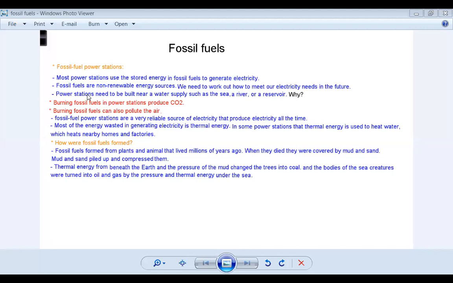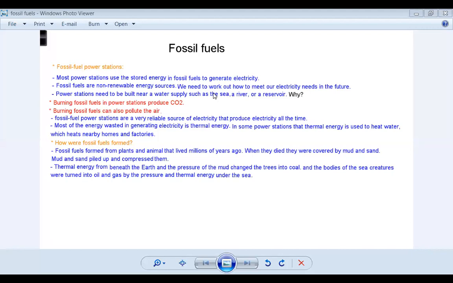Okay. So these fossil fuels are non-renewable energy sources. Why are they non-renewable energy sources? Yesterday we explained this. Because we can't replace them easily. Yeah, they will run out and we cannot replace them as fast as we need. Okay, so we need to work out how to meet our electricity needs in the future.